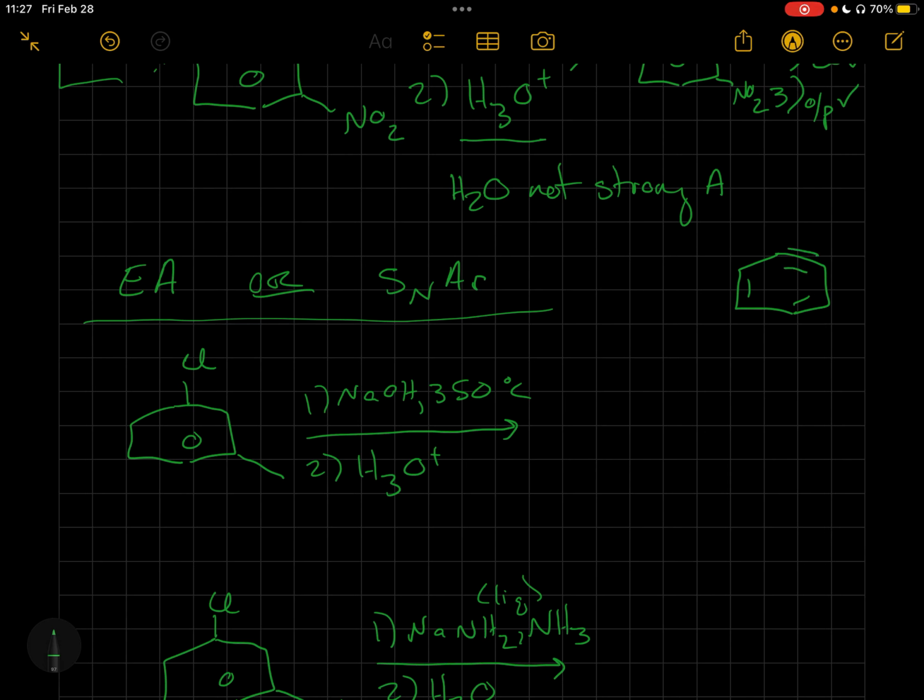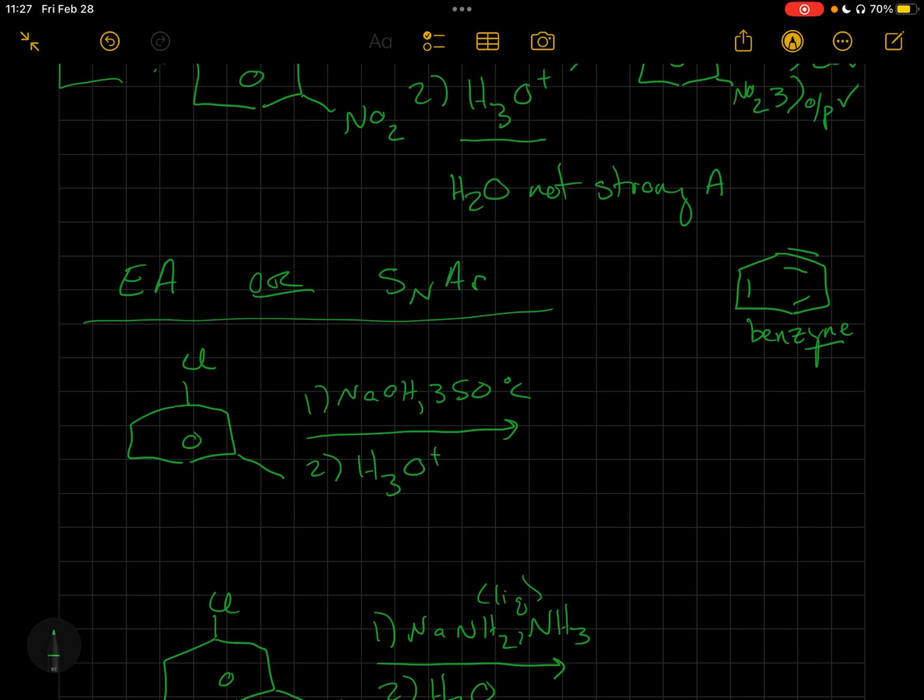This looks improbable, and for a long time, nobody believed that this was actually an intermediate, but they did radio labeling and verified that, in fact, you were creating this very unstable benzyne because it's a triple bond. And so we know that this is what's happening now.